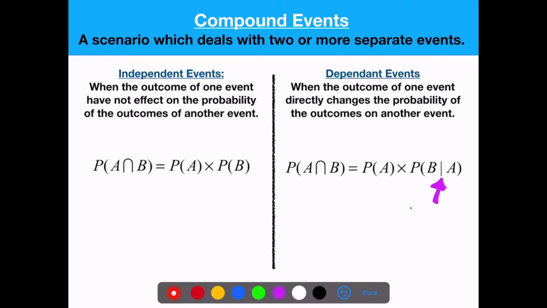In this case, it means such that A has occurred. Or instead of such that, you may hear given that. So given that A has occurred. Either way is a fine way to read that, okay?